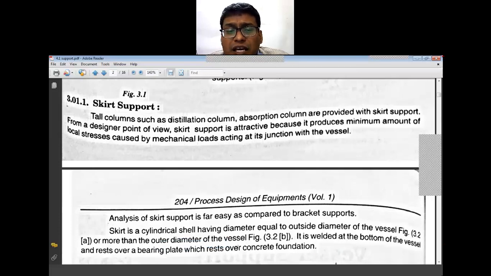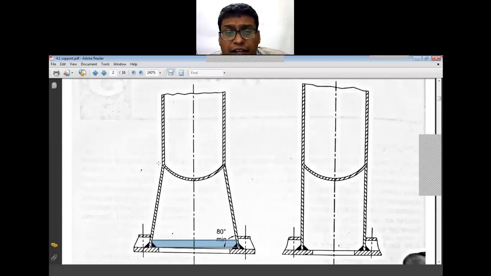Then basically the skirts are welded at the bottom of the vessel and rest over the bearing plate. These are the welded joints, or attachment of the skirt and the vessel, and at the bottom a certain bearing plate is provided. This bearing plate rests on the concrete foundation.